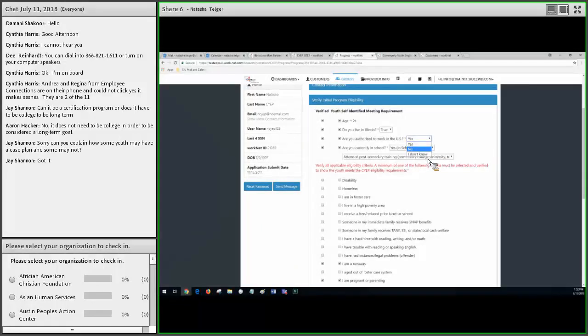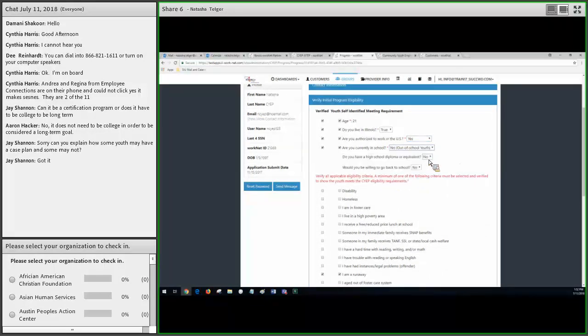And then you should see that it would say, no. I'm just going to change it. Oh, sorry. Yes. No, this is out-of-school youth. And if they say, do you have a high school diploma or equivalent? They say no. Would you be willing to go back to school? They say yes. This criteria right here is what we're talking about when we talk about the out-of-school youth. Okay?